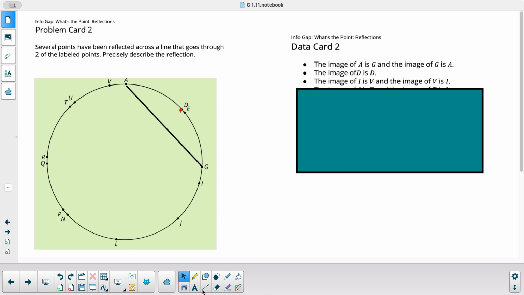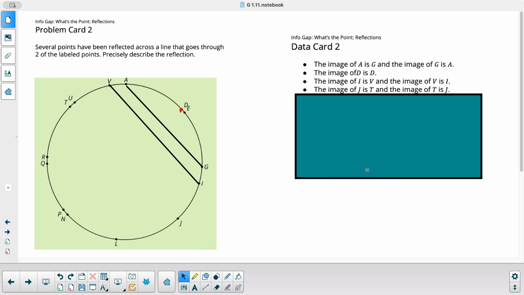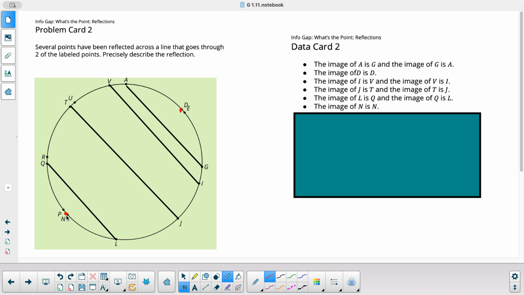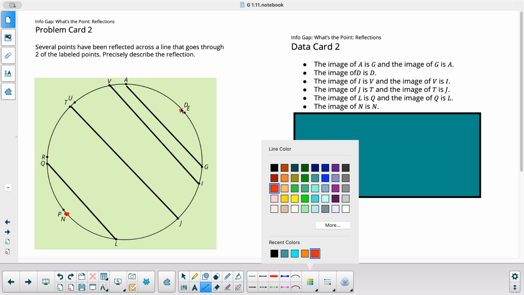The image of I is V. The image of J is T. The image of L is Q. And the image of N is N. So I guess I was right when I did my picture. It looks like DN is my line of reflection here.